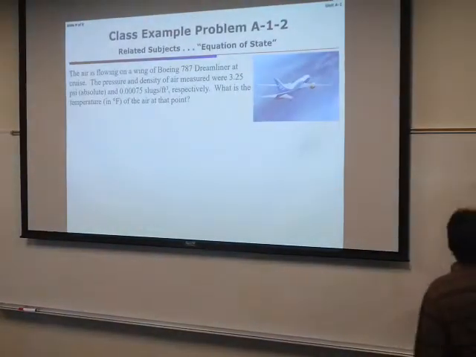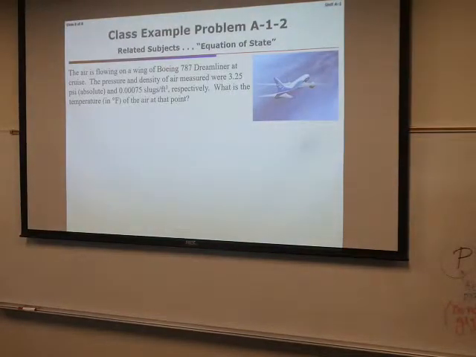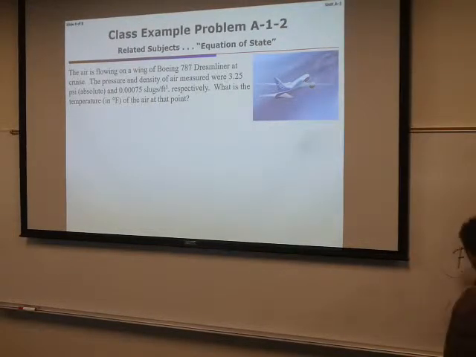Let's take a look at this example problem. Let's look at a very simple example problem. The air is flowing on the wing of Boeing 787. This is the cruising condition. The pressure and density of air measured was 3.25 psi absolute and 0.00075 slugs per cubic foot.